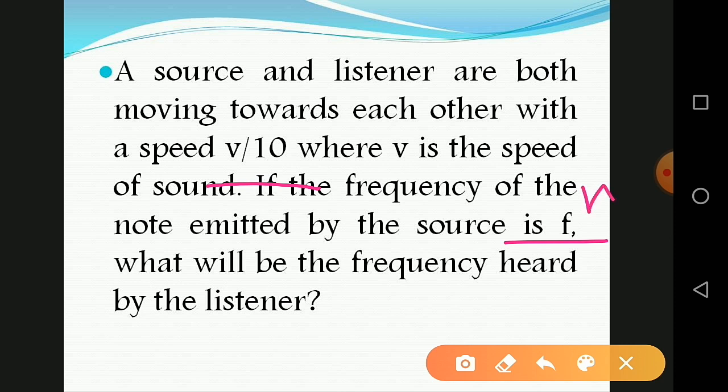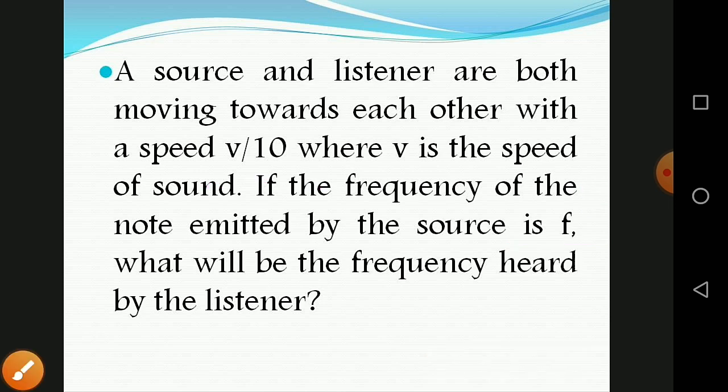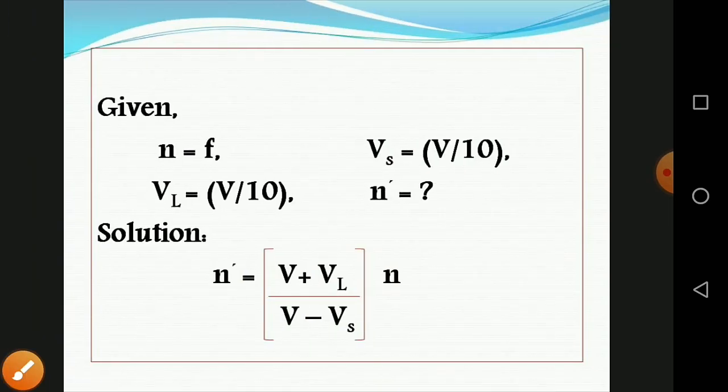What will be the frequency heard by the listener? We calculate the n dash. So n is equal to f, vs is equal to v divided by 10, and vl is equal to v divided by 10, and we find the n dash. Both are moving towards each other.